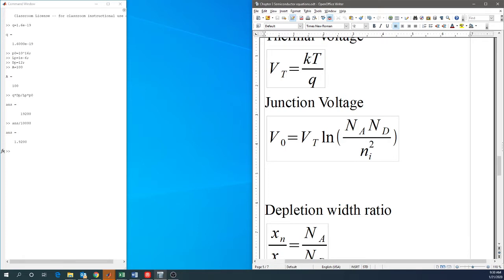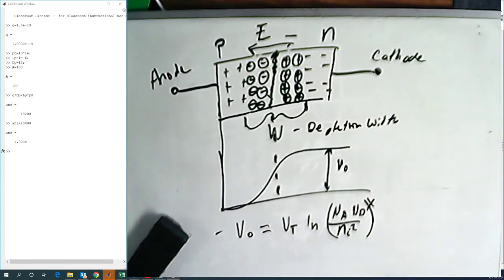So NI comes up a lot. And so this is an important relationship. It gives us that value. And guess what V0 is going to turn out to be? Someplace between 0.6 and 0.9 volts. So let me move this back. So this turns out to be 0.6 to 0.9 volts.